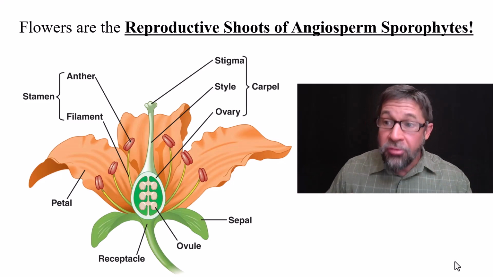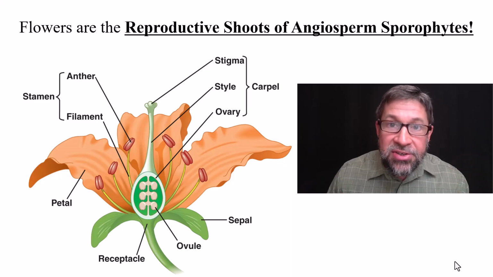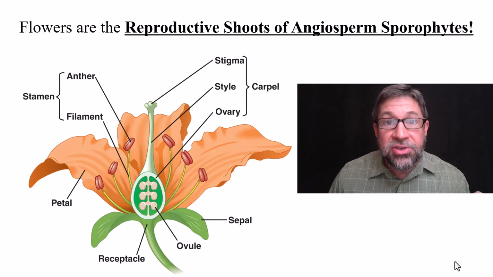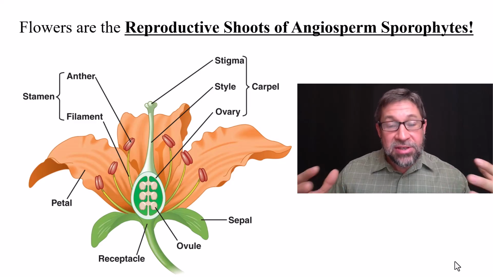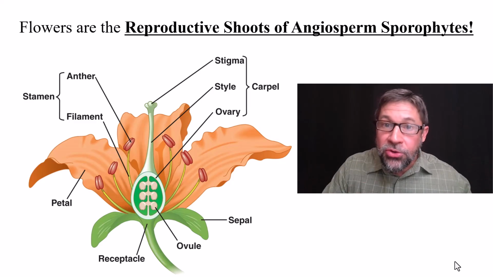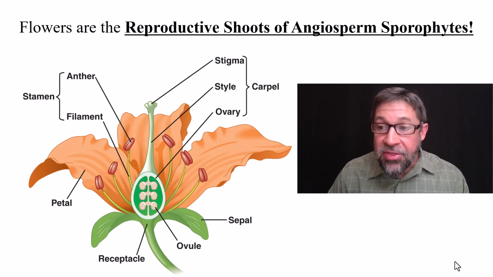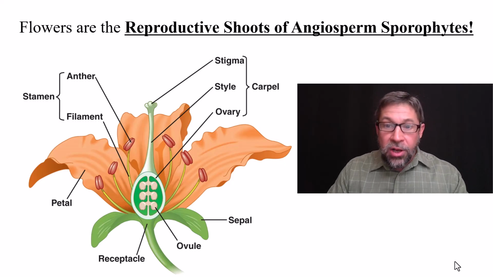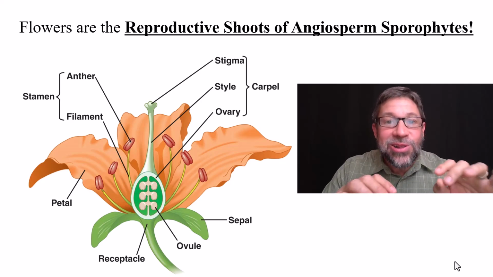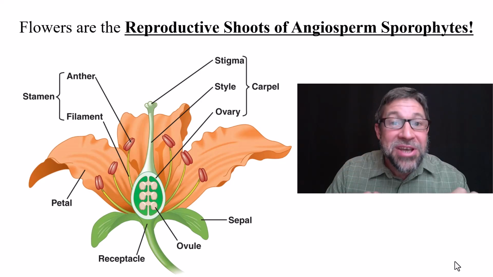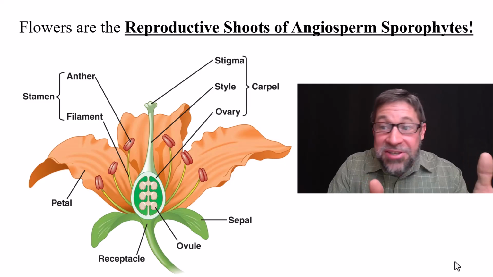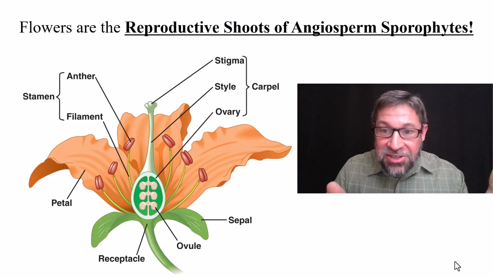Recall that the sporophyte is the multicellular diploid stage of the plant life cycle, if you remember the alternation of generations. A closer look at the angiosperm flower, and note there are lots of permutations on this relatively simple idealized flower, but we're going to start here.